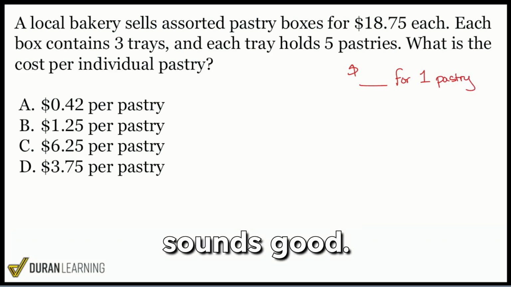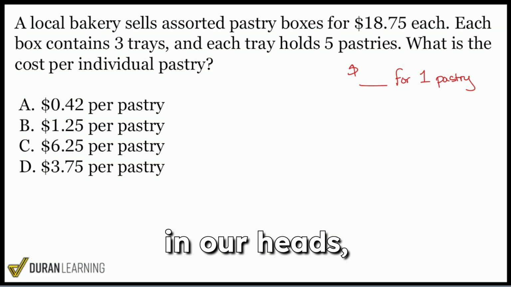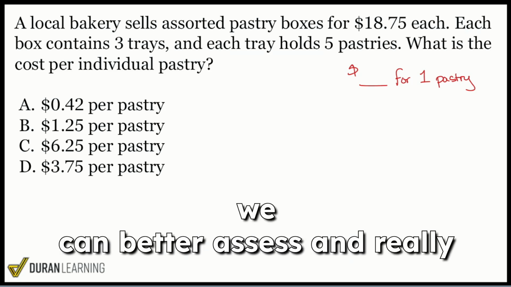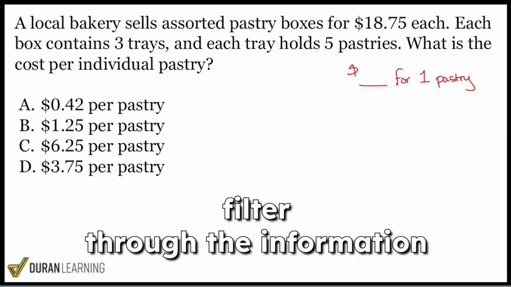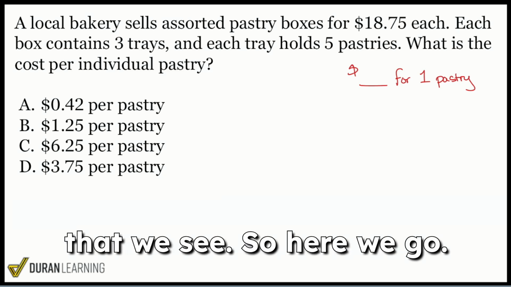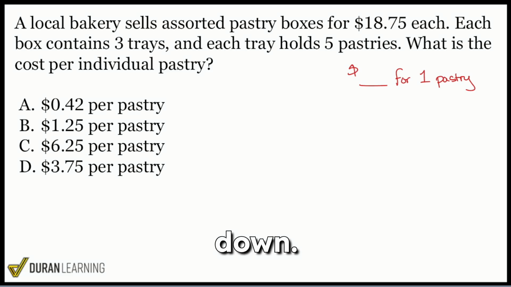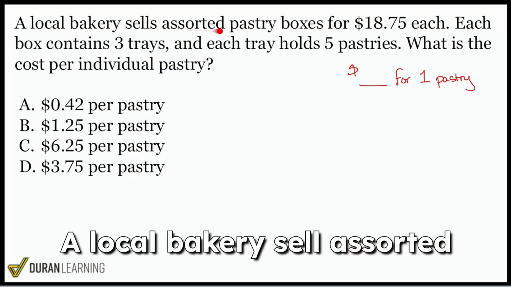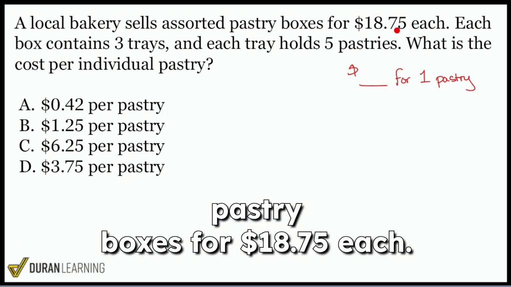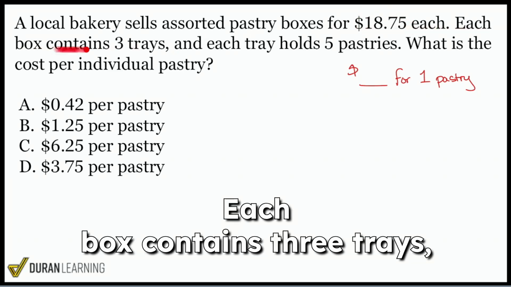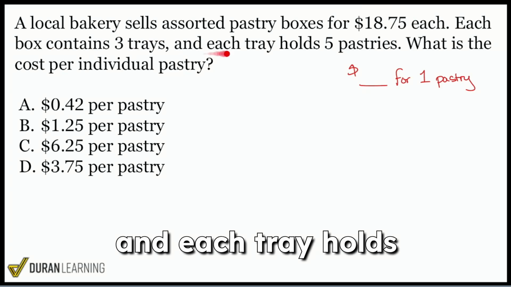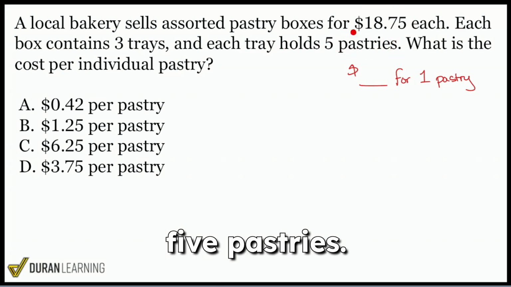Now that we have that in our heads, we can better assess and filter through the information that we see. So let's write the information down. A local bakery sells assorted pastry boxes for $18.75 each. Each box contains 3 trays, and each tray holds 5 pastries.